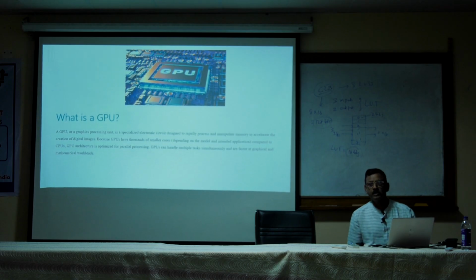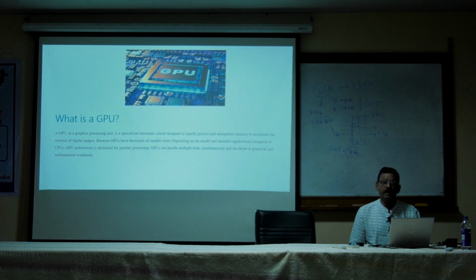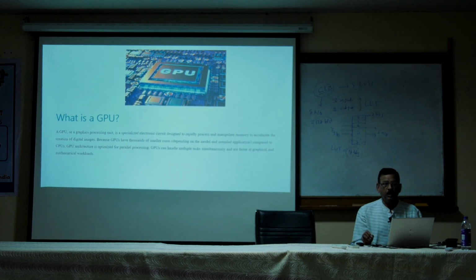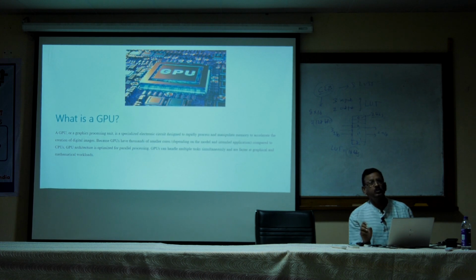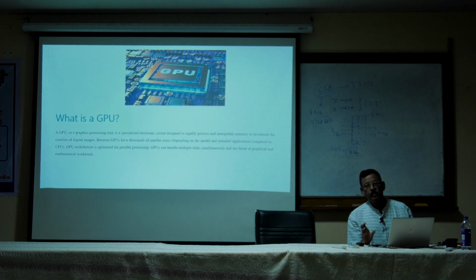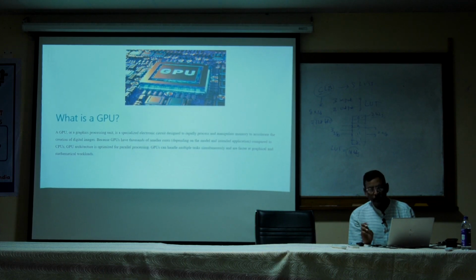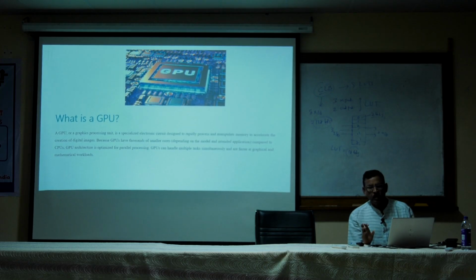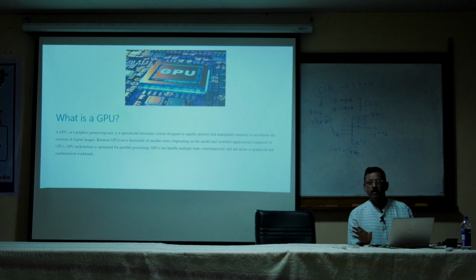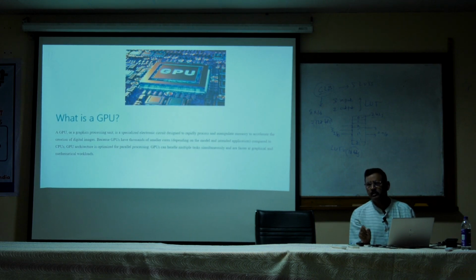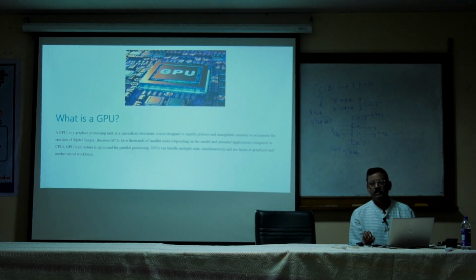But each core has high processing capability. There may be floating point or complex operations that can be done very fast, in a single cycle, with a highly sophisticated architecture with pipelines and everything.